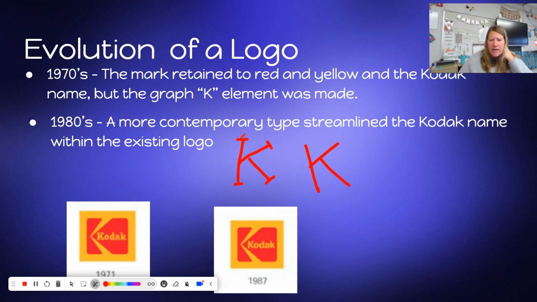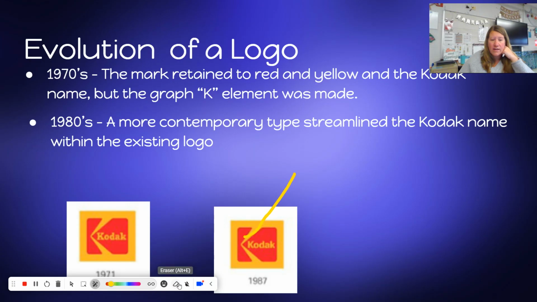So the first one, the 1970s, has these things on the top which are called flags or can be called serifs. And then the one over on the right does not have the serifs, so they're missing from there. So they don't have these things at the top. That's really the biggest difference between the 1970s and the 1980s.